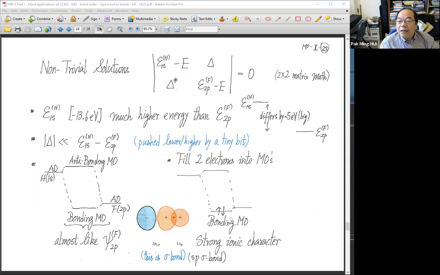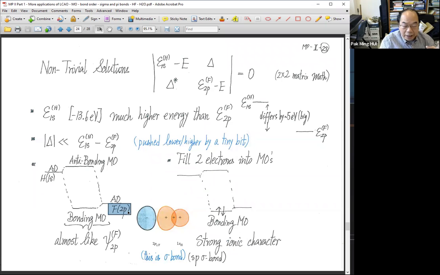So now you have 2 electrons, one from 1s, one from 2p. They go to the bonding MO according to the Pauli exclusion principle. Therefore, it gains energy because one electron originally coming from here, rather high, now goes down. So pretty nice. And then it is ionic character for the reason that this wave function has a lot of fluorine 2p character.